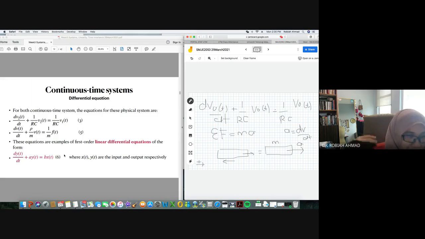For example, in the automotive system the coefficient is the friction, and for the RC, the resistance and the capacitor. So it will give us the coefficients a and b. Like in this case, a will be R over C, b will be R over C here, meaning that this value must be the same. Okay, so this is the continuous time systems.